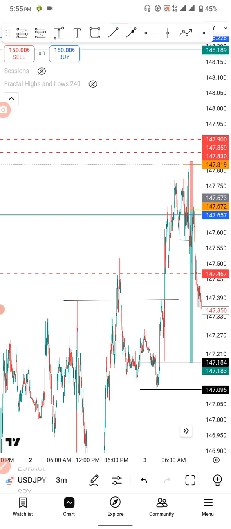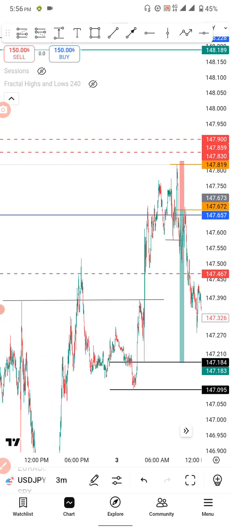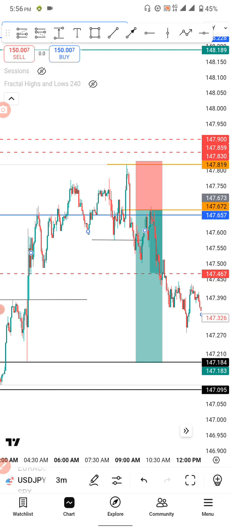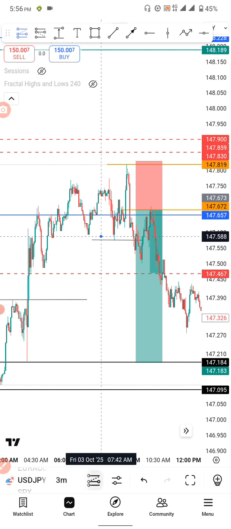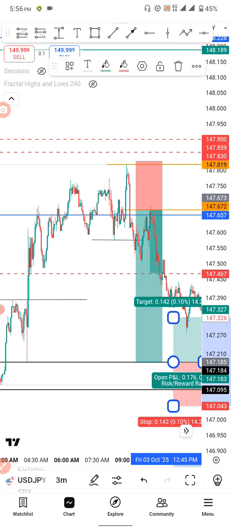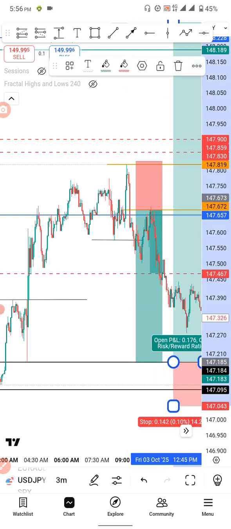So let us see. Yeah, the market has activated us, as you see. Let us also include this buy structure we have. This buy structure, it is going up to weekly.